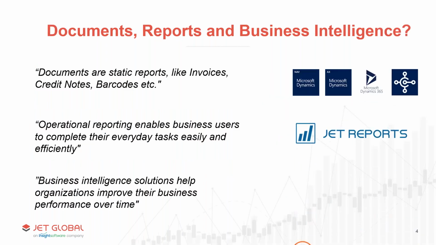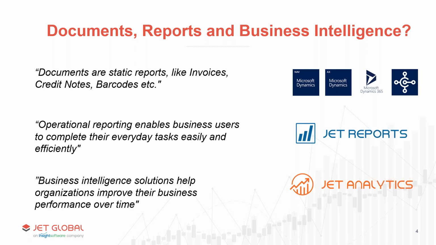So let's move on. And just to distinguish again the difference between documents, reports, and business intelligence, because one is not really a replacement for the other. They are used in conjunction with each other. So documents are effectively static documents that you would produce, generally speaking, direct from your ERP system. So order confirmations, invoices, those types of documents.